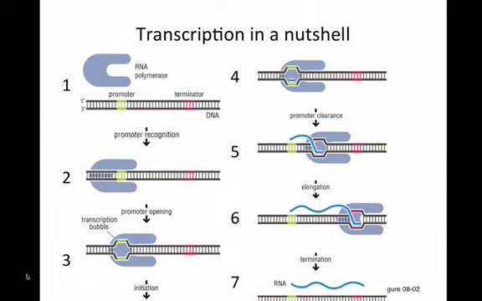My guess is that's a good question. Well, you know what, that's a really good question. So who wants to try to answer that question? If you have a gene that's constitutively expressed, would you always have transcription factors bound to the DNA, or would they ever dissociate? Are you raising your hand because you have an answer?